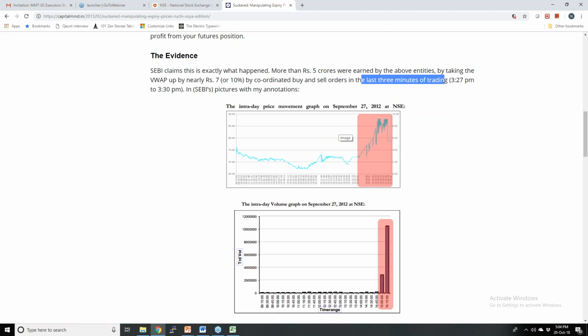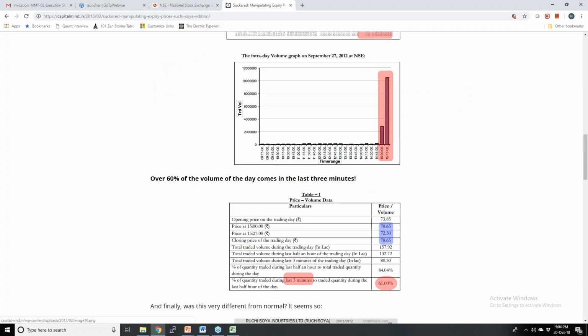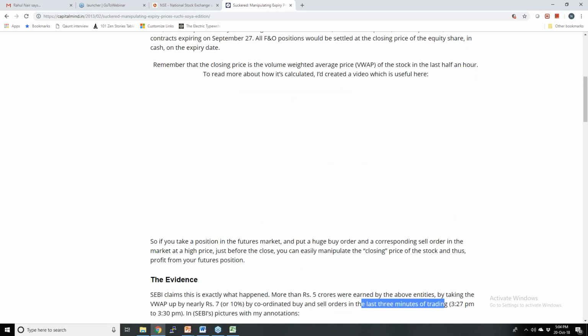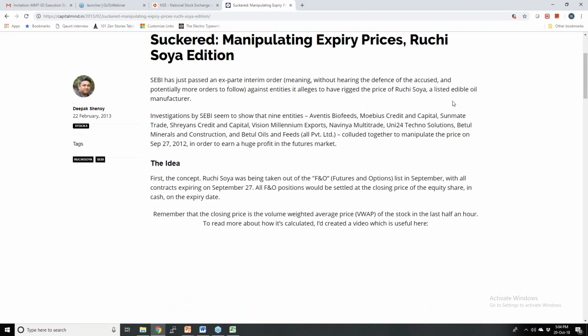This is an interesting link that you guys can read, to see how people use VWAP to manipulate. Obviously it's absolutely illegal. If you're caught, you'll be jailed. I'll give you an example of a person who was caught cheating in the exchanges, but that's fine. If you're interested, I will definitely share this link.